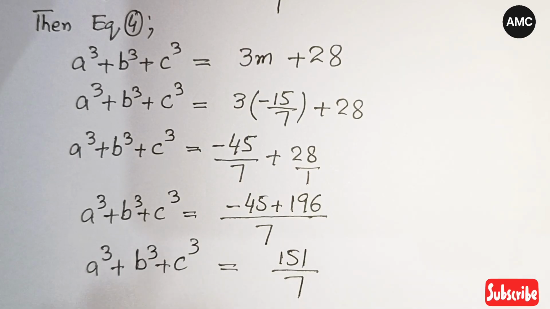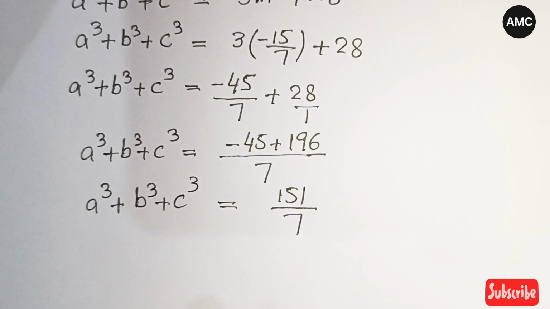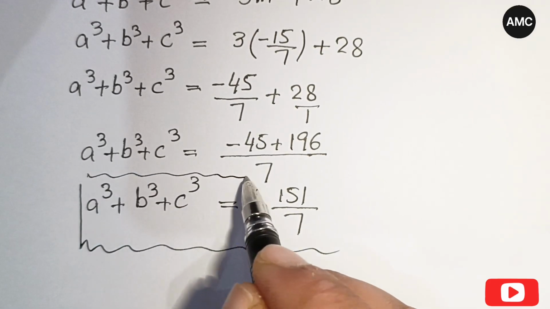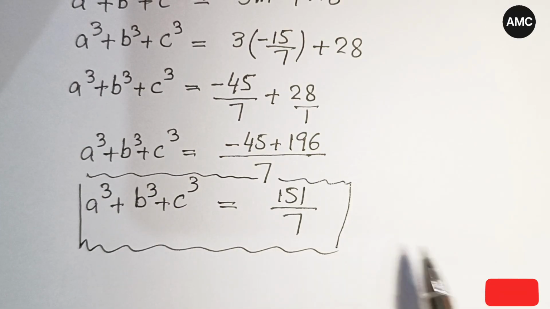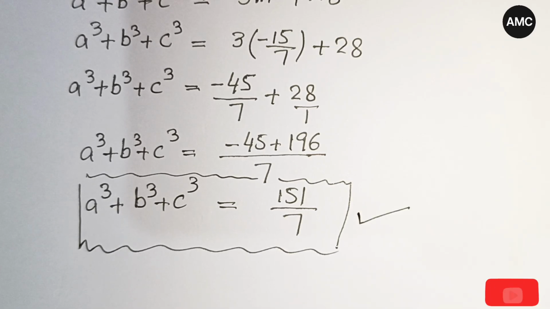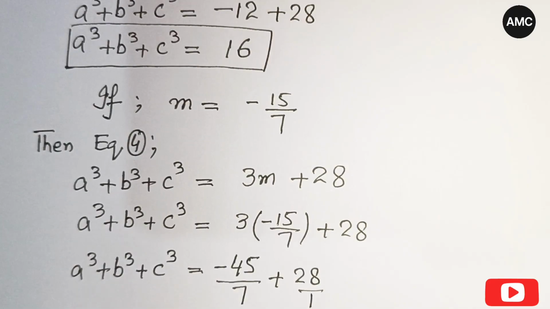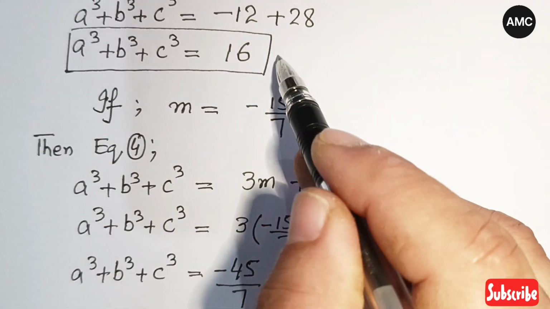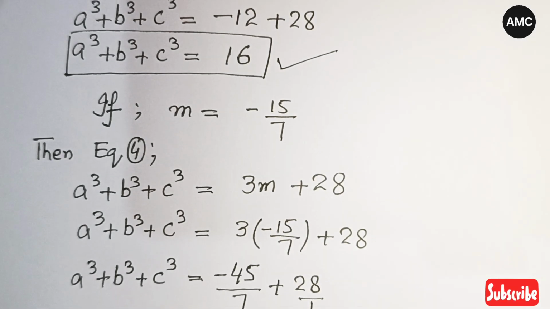So it is our second solution of a cubed plus b cubed plus c cubed. So here we get two values of a cubed plus b cubed plus c cubed: 151 over 7, and the first one is equal to 16.